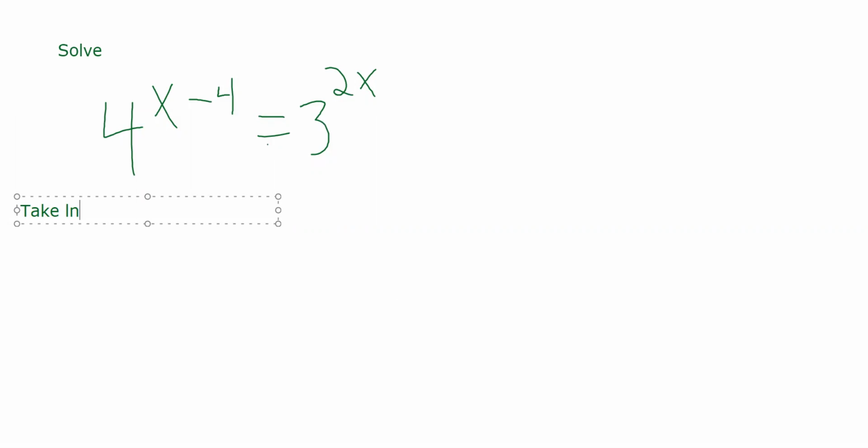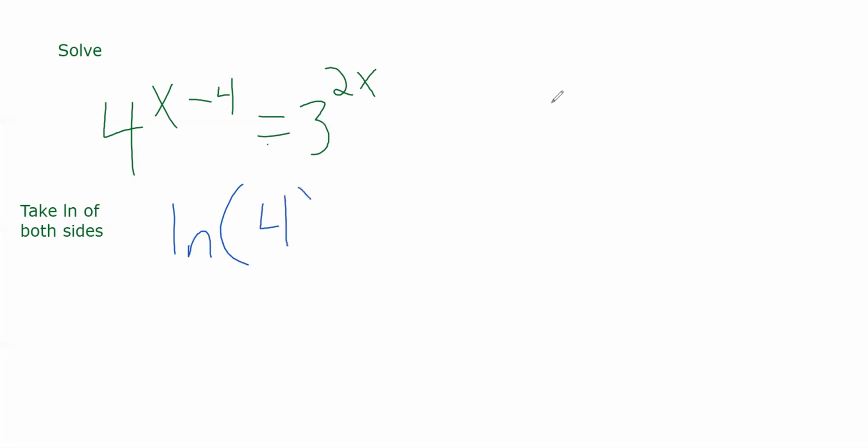So let's take the natural log of both sides. You're going to end up with the natural log of 4 to the x minus 4 power equals the natural log of 3 to the 2x power.